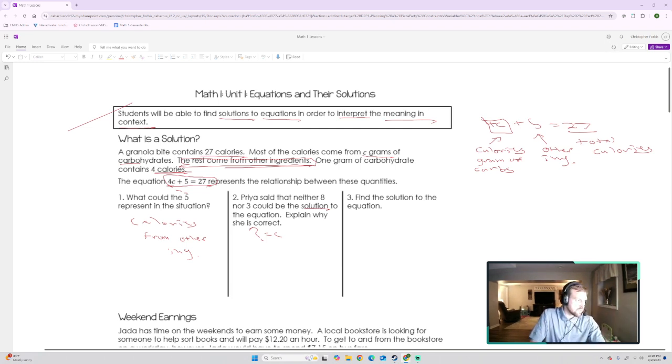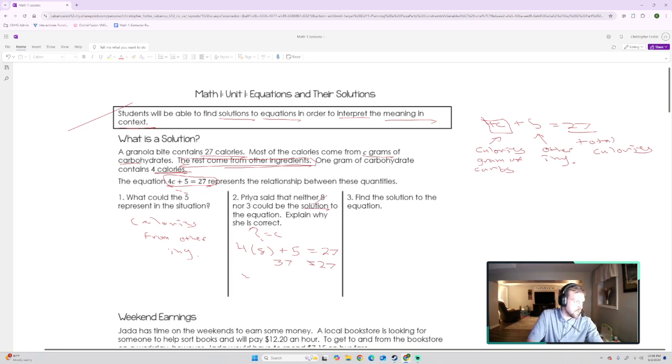Well, let's explain why. If I plug 8 in for c, and I add 5, does that equal 27? Well, use your calculator, or do it in your head, but 4 times 8 is 32. 32 plus 5 is 37, which does not equal 27. So far, she's right. 8 cannot work.